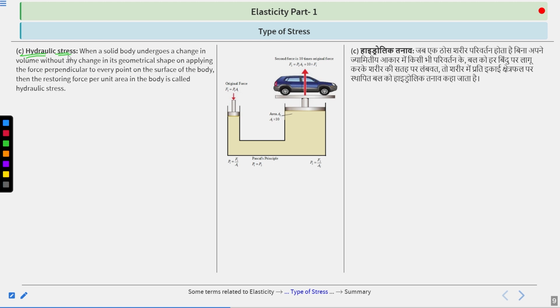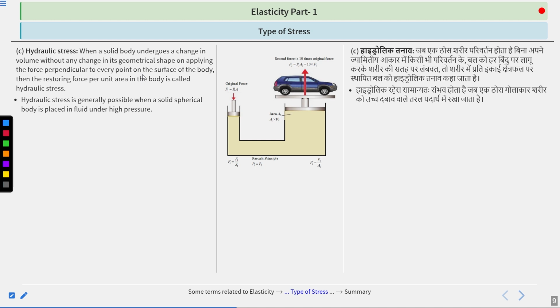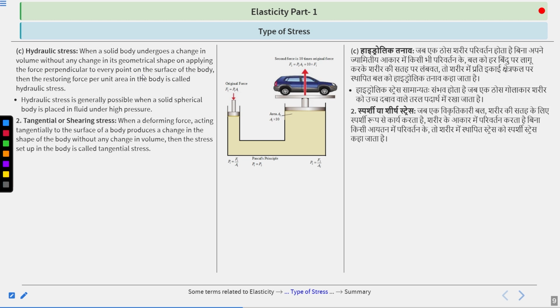There is a change in the volume of the body, but the geometrical shape of the body is not changed. Hydraulic stress is generally possible when a solid spherical body is placed in fluid under high pressure. Then hydraulic stress is created.